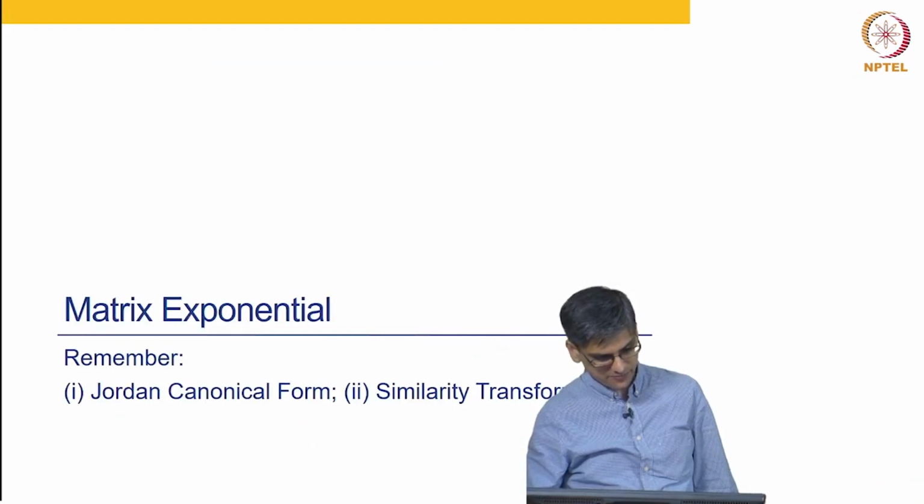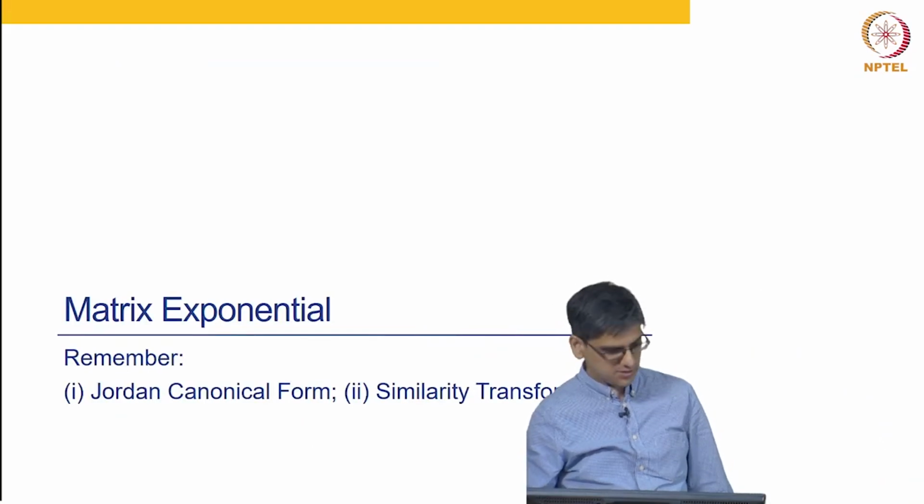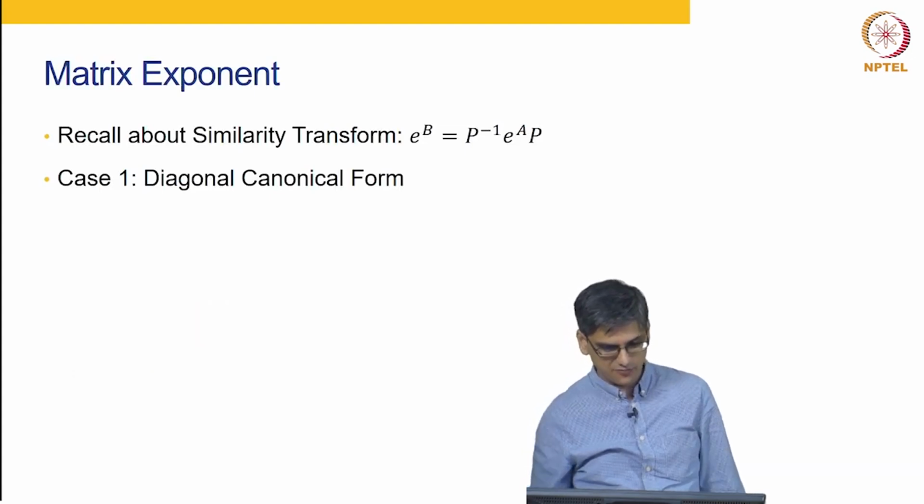I will skip the square canonical form. So remember the Jordan canonical form and similarity transform.